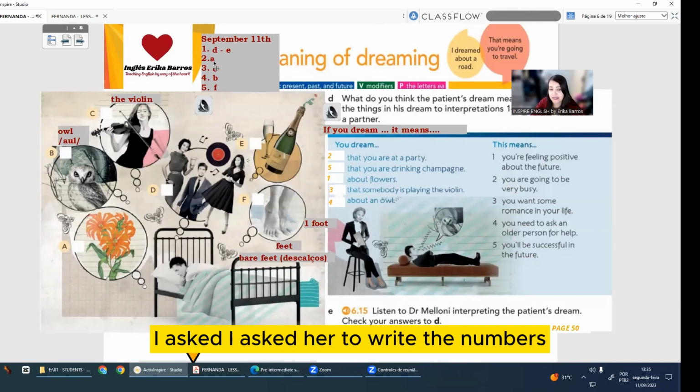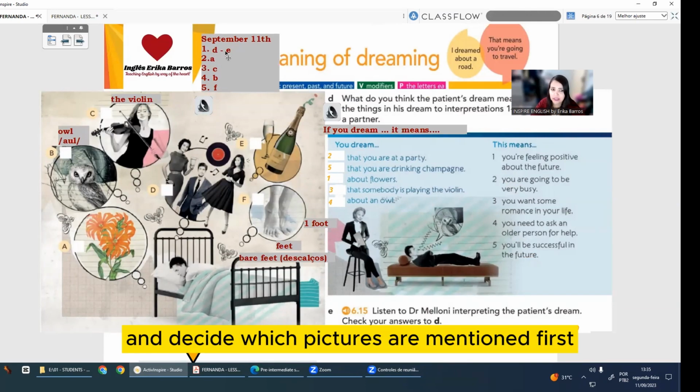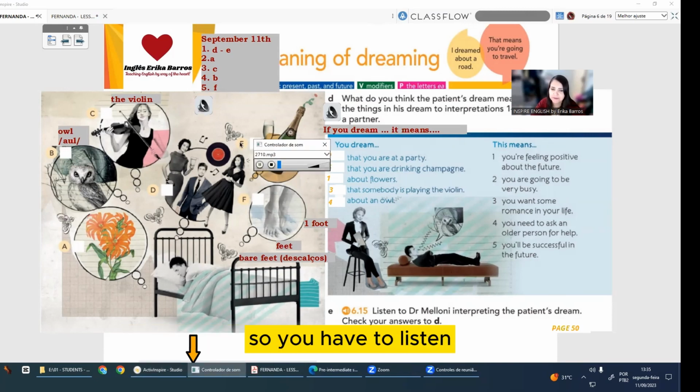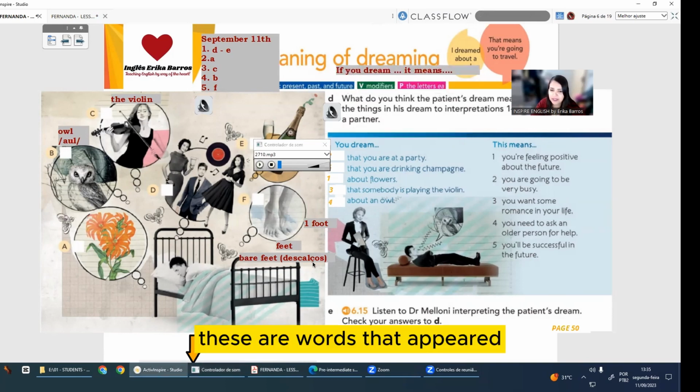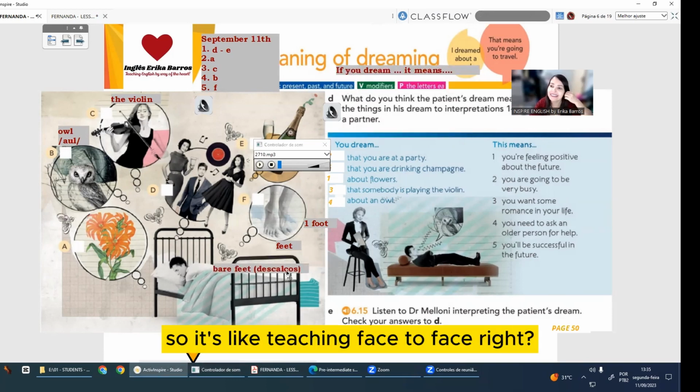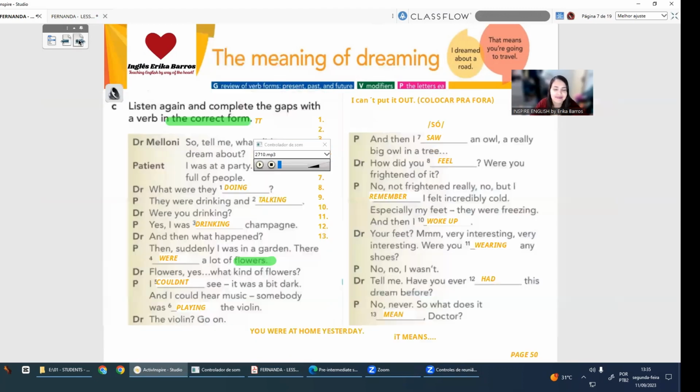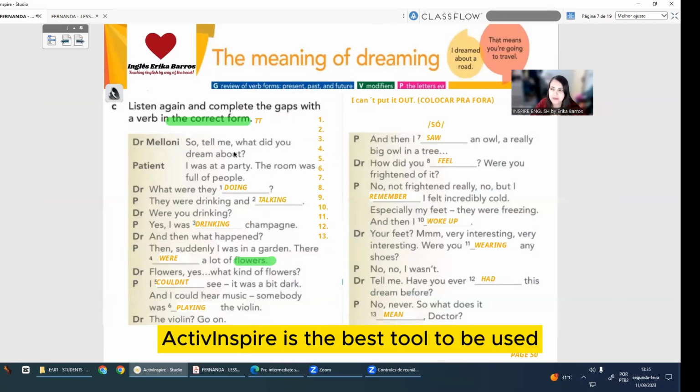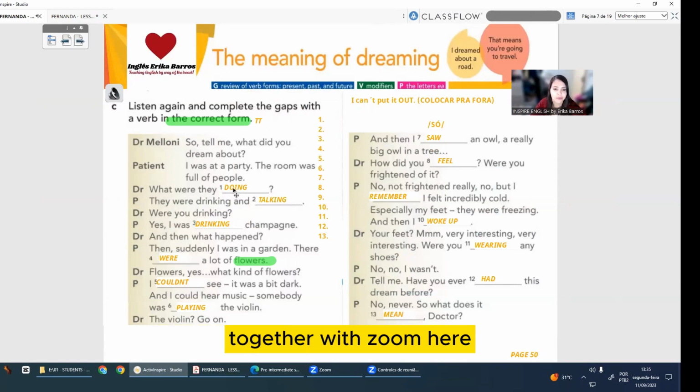I asked her to write the numbers and decide which pictures are mentioned first. So you have to listen. 6.14. These are words that appear. So it's like teaching face to face, right? Amazing. For me, ActivInspire is the best tool to be used together with Zoom.